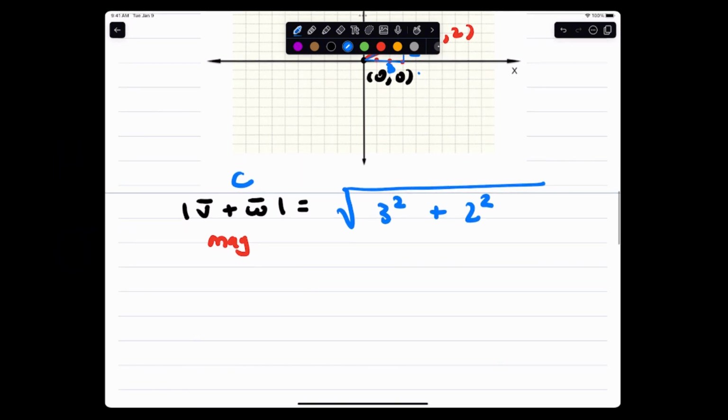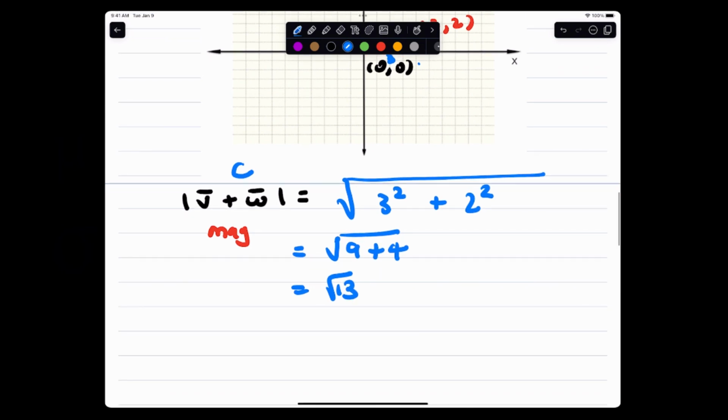So the magnitude is going to be now what? This is the square root of what? 9 plus 4, which gives you the square root of 13. So you could get the length of that vector, and this is the answer that's symbolic, square root of 13. But if you said, what is the numerical representation? Well, how do we get that? Do you guys remember?